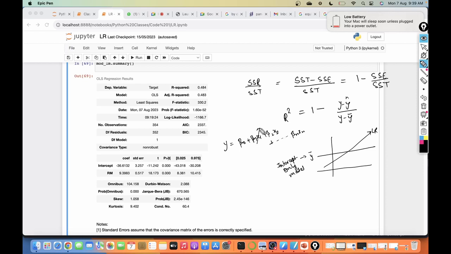So this is 0, this is 0, this is 0. So we are left with only one value, which is a constant value, that is beta naught, that is the intercept value, right? Only one value. So that one constant value is our y average, that is also known as the intercept only value.